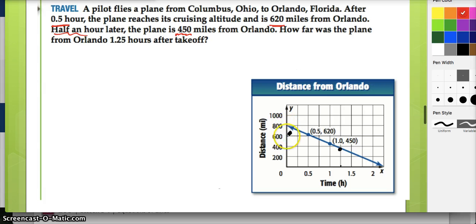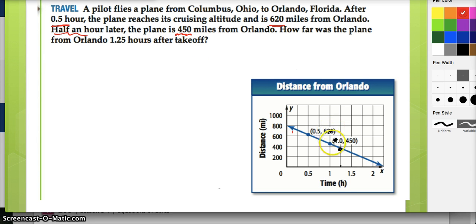It makes sense that as the plane continues to fly, since it's going to Orlando, that distance should reduce until they actually get to Orlando. And so here we see that after a half hour, they were 620 miles from Orlando, Florida. After 1 hour, which was half an hour later after the first half hour, we see that we are 450 miles away from Orlando.